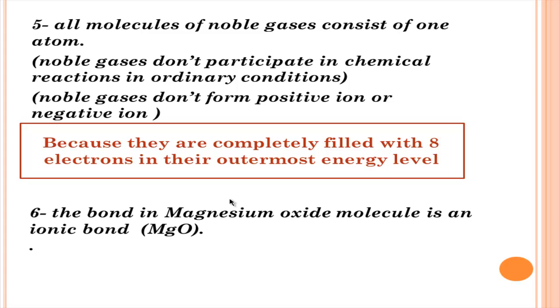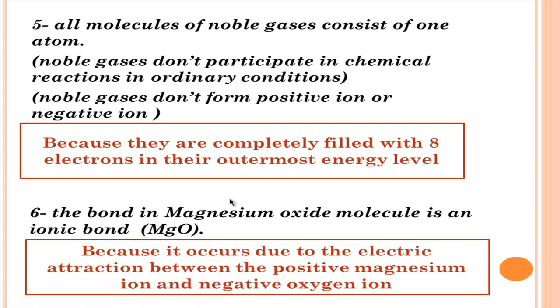Give reason: the bond in the magnesium oxide molecule is an ionic bond, because it occurs due to the electric attraction between the positive magnesium ion and the negative oxygen ion.